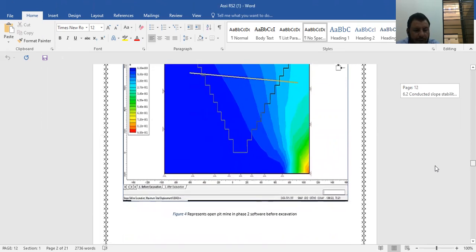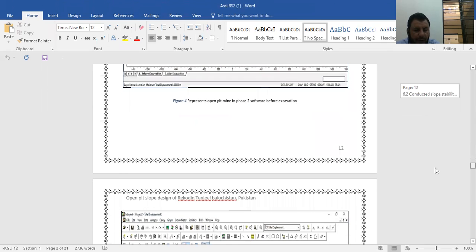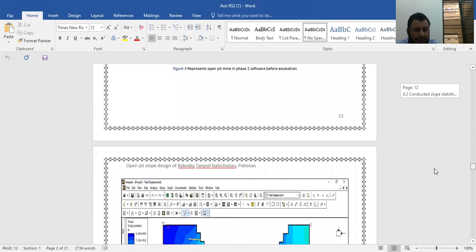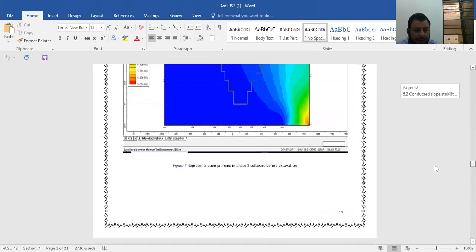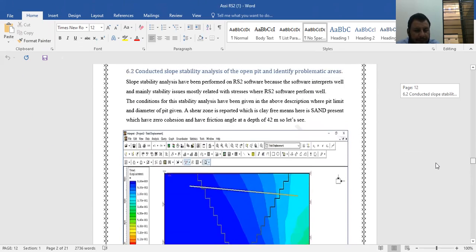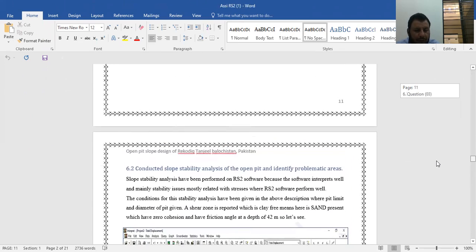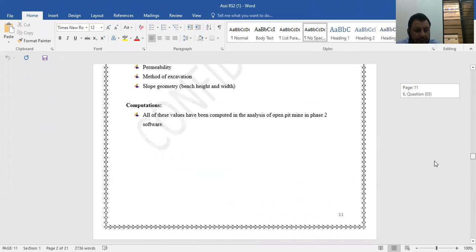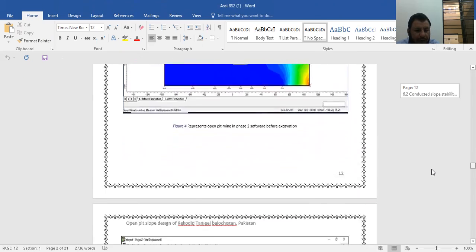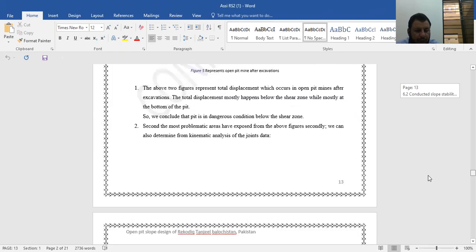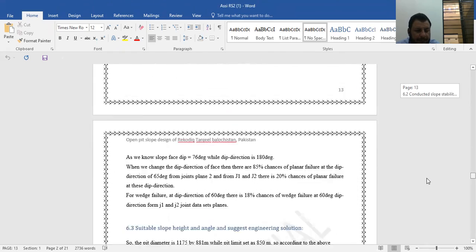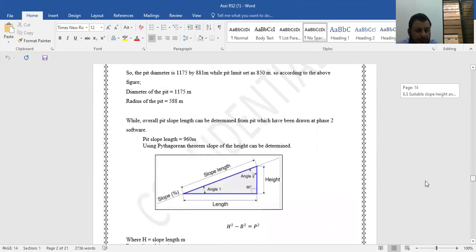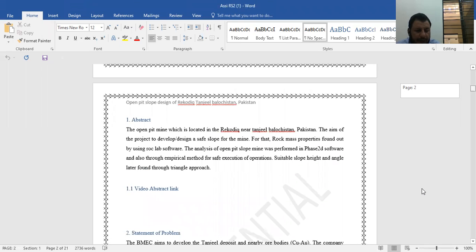The steeper the slope, the less expensive it is to construct. A steeper slope results in a reduction of the stripping ratio, the ratio of waste to ore. On the other hand, the flatter the slope, the more stable it is. Therefore the aim of any open pit mine design is to provide an optimal excavation configuration in the context of safety.